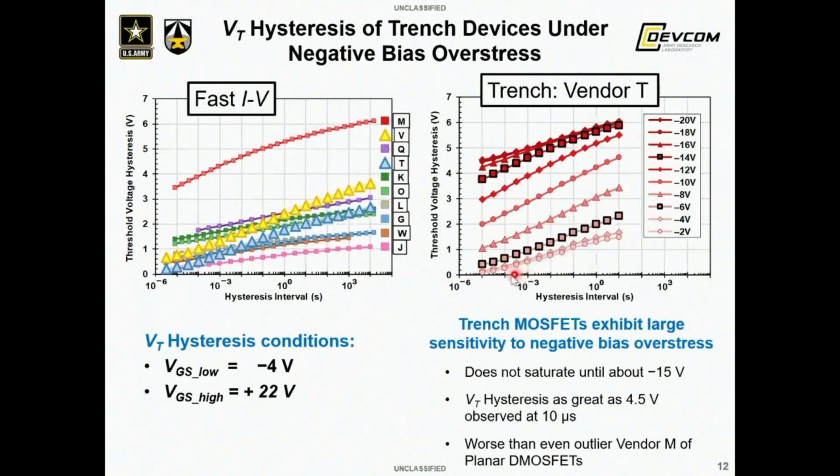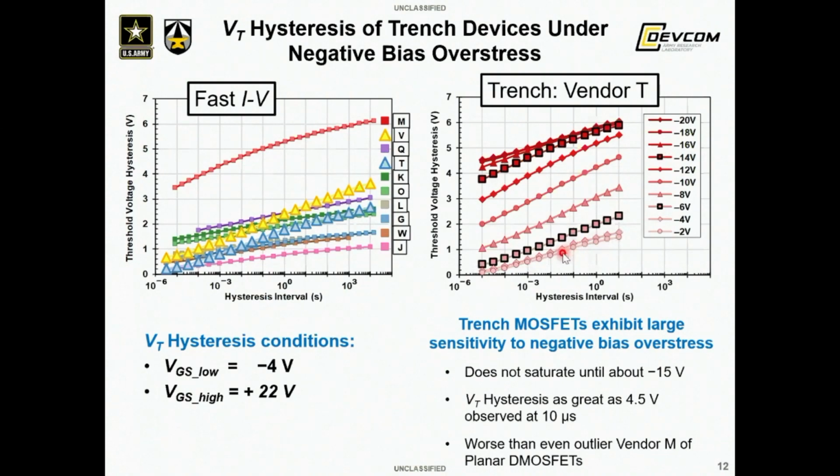But on the right, we investigate what happens if we apply larger negative bias. So I'm showing a result for vendor T, which is this blue curve, which looks as good as any device at very short interval times. And this is replotted here on the right.